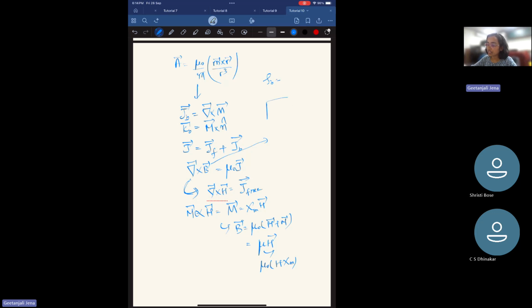Whenever you put a material in, magnetization will occur inside it due to a non-zero value of chi M. Because of this magnetization, we see some induced magnetic field. When you apply an applied field, there will be a response to it, and when you add these, H and M, the total response will be B.